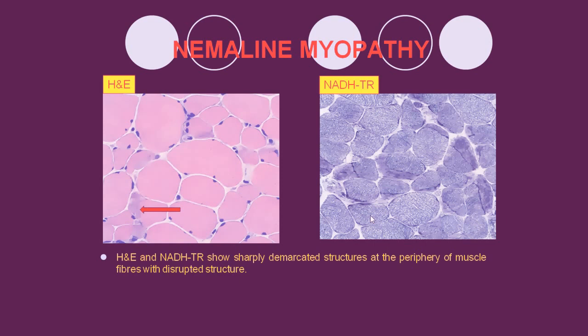This is the disrupted area, it looks like a cap. Also here in NADH-TR, this is a sharply demarcated structure at the periphery.